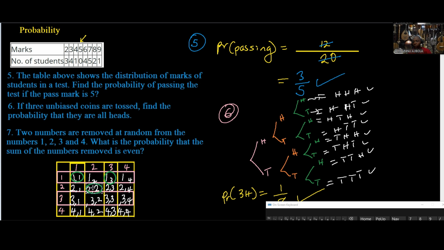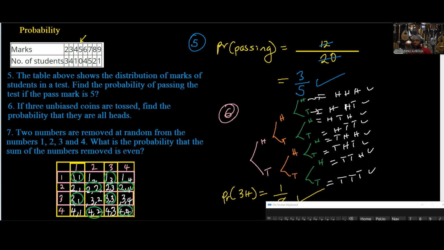So when you have two odd numbers or two even numbers, you're going to get an even sum. Counting: 1, 2, 3, 4, 5, 6, 7, 8.